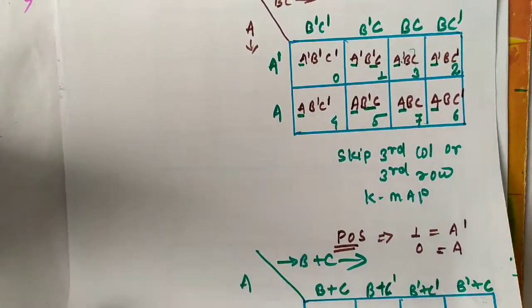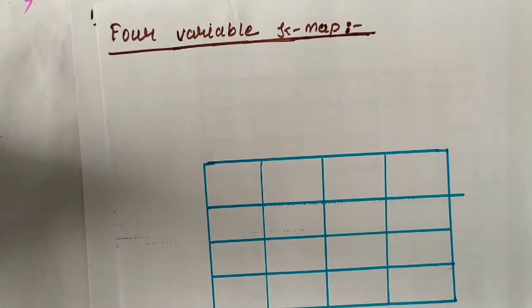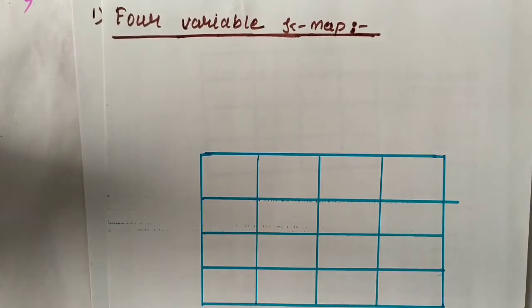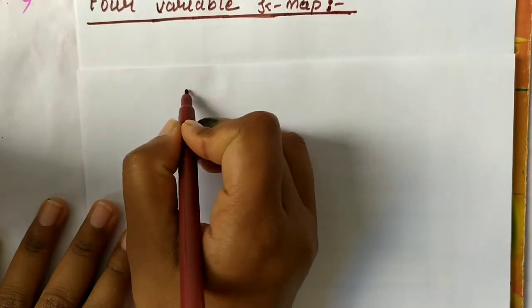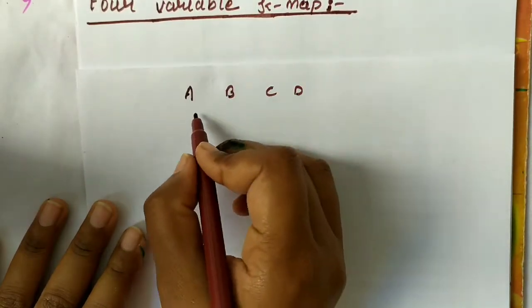So next we move to the 4 variable K-map. The 4 variable K-map means we take 4 variables a, b, c and d.